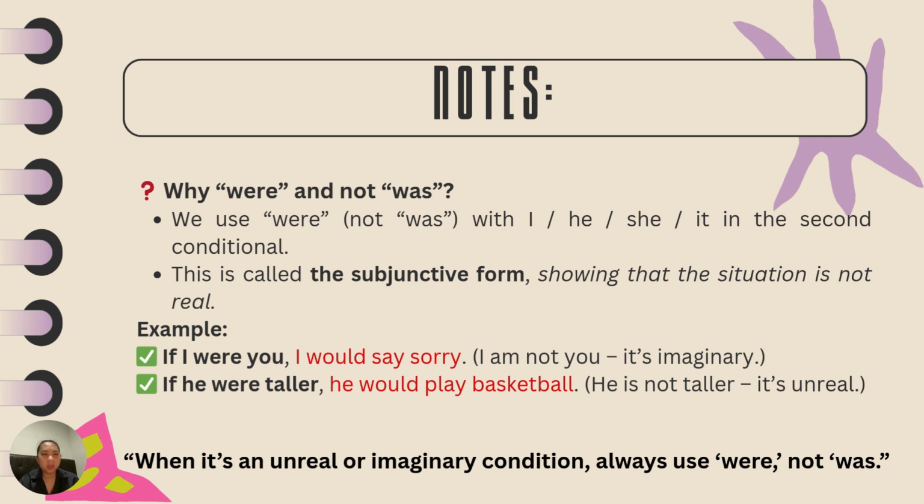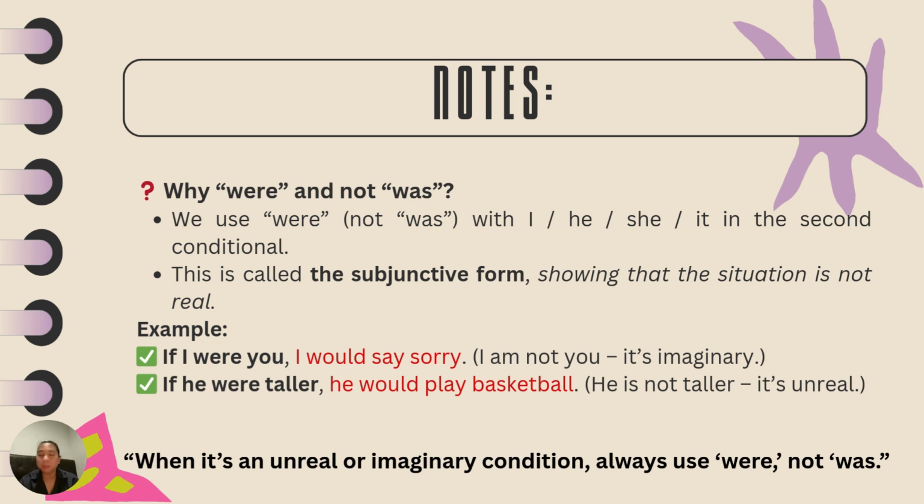Okay, now why were and why don't you use was for subject I, she, he, it? We call it subjunctive form, showing that the situation is not real, because it is second conditionals and you use it when the situation is not real or an imaginary thing, we use were.